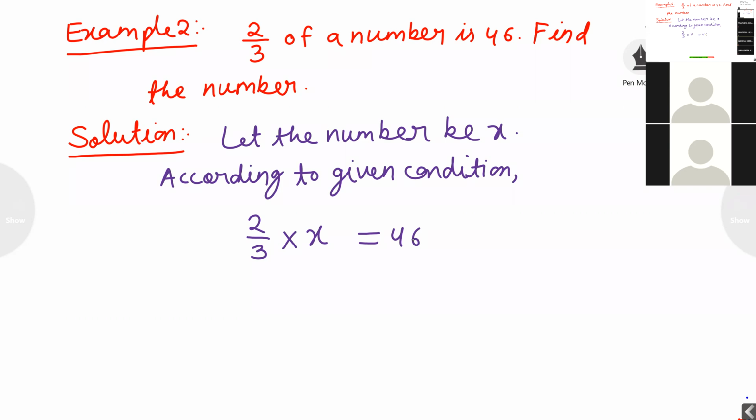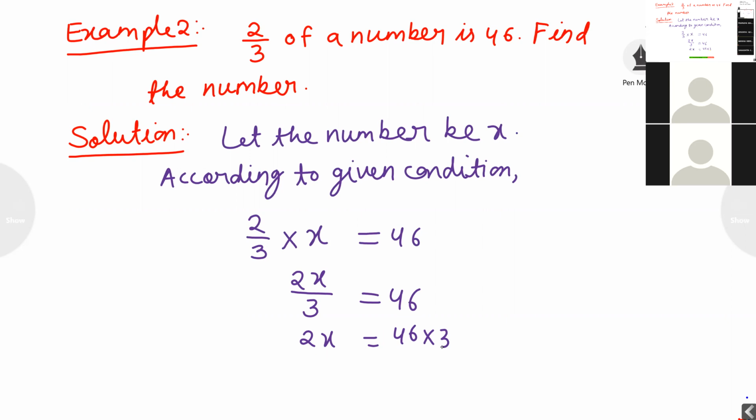Now I need to find out the value of x. What is the meaning of 2/3 into x? I can say 2x by 3 is equal to 46. Now 2x by 3, 3 is division. The division quantity becomes multiplication. Then I can say here 2x is equal to 46 into 3.